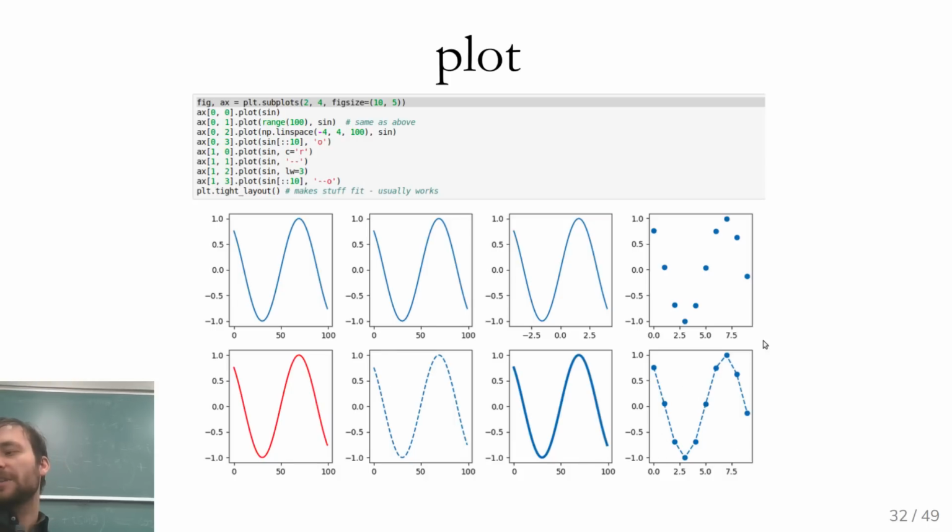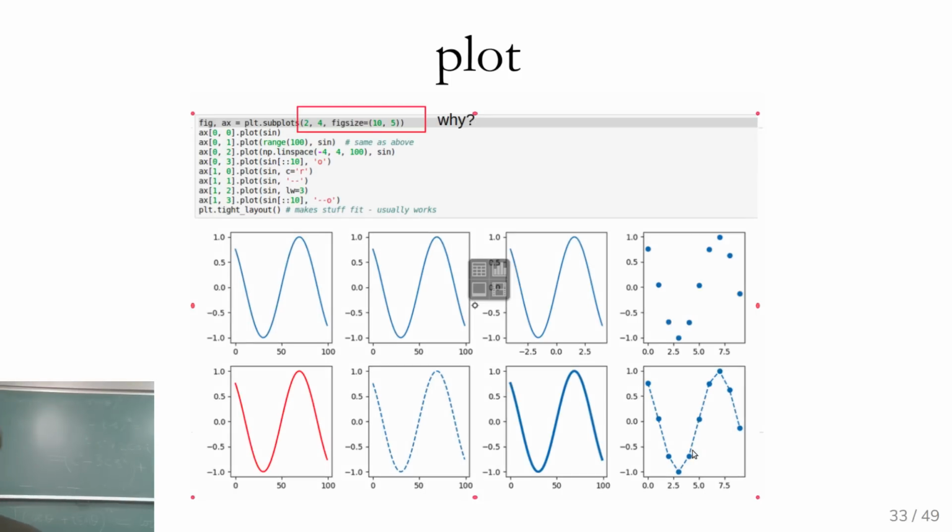So I sometimes like to put a dot or an x at every place where there's a point, or you can just put a tick. Because if you have a long line, you don't know if there's just one point at the beginning and one point at the end, or if there's 100 points on the line. If you just plot the line, you can't tell. So often it's helpful to show where the points are on the line.